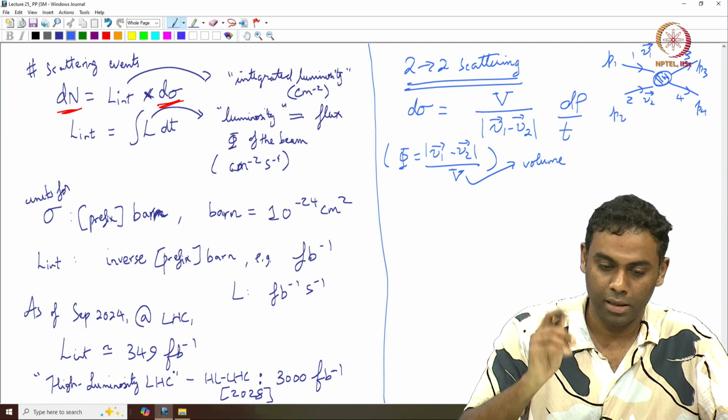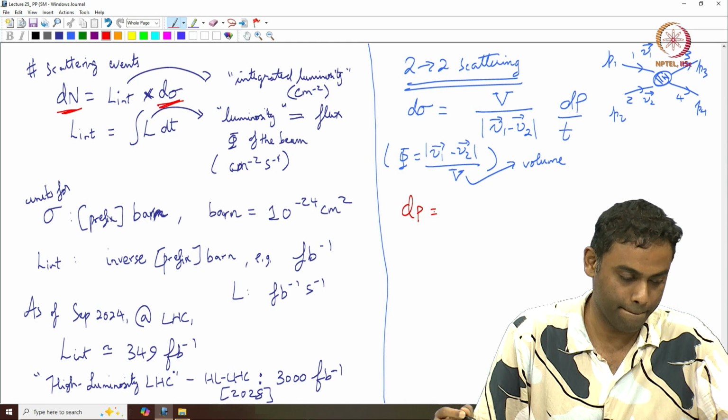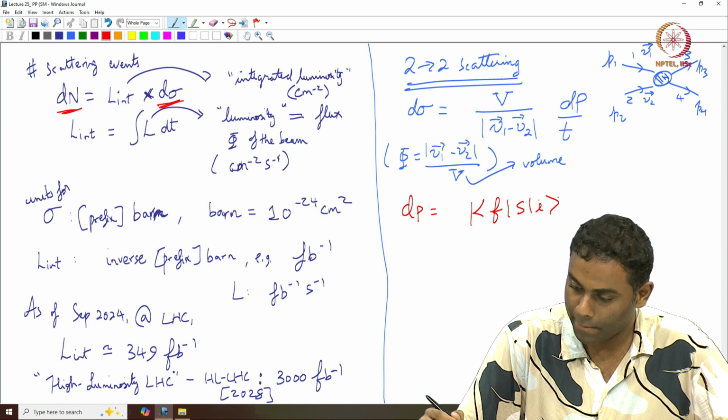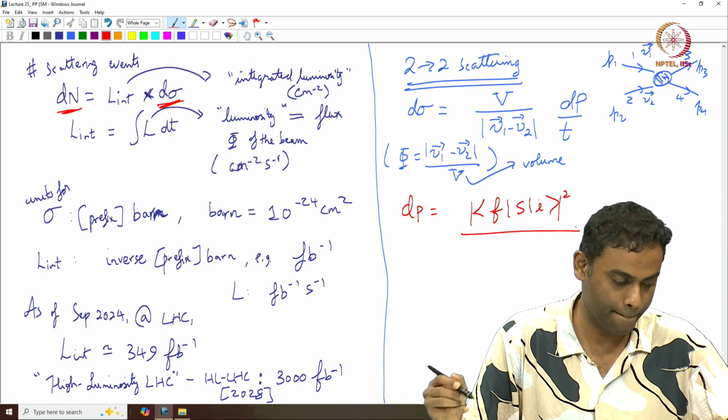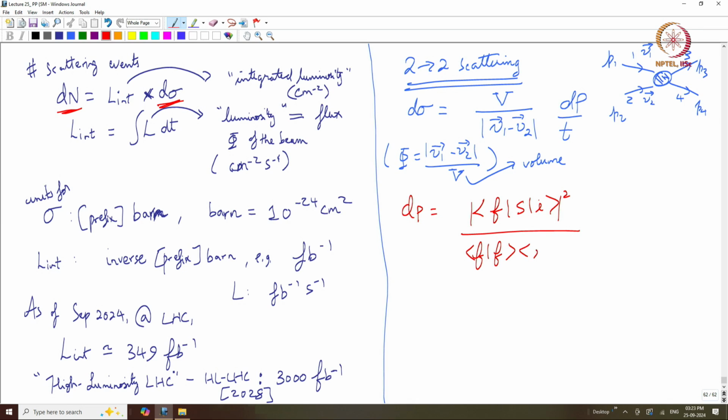I'm going to claim that that probability is, I'll write down the quantity and then we'll see what it is. That times this quantity. So what does this stand for?